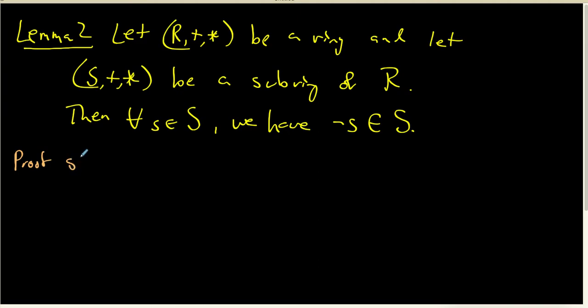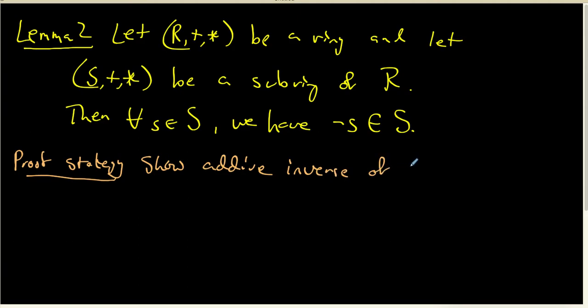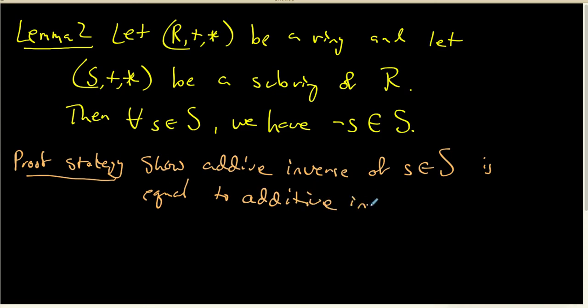The proof strategy here is going to be to show that the additive inverse of little s inside capital S is equal to the additive inverse of little s as an element of R. And here's how our proof is going to work.